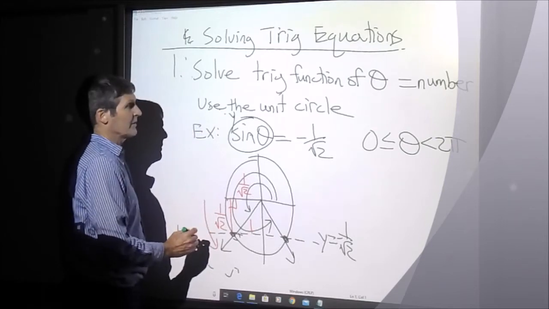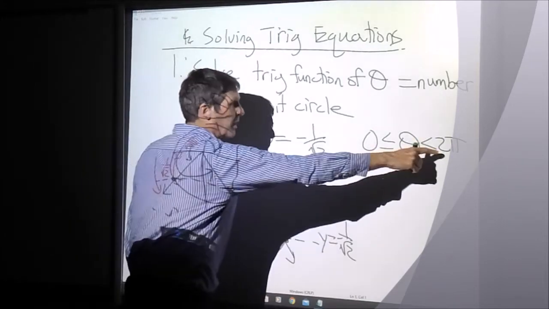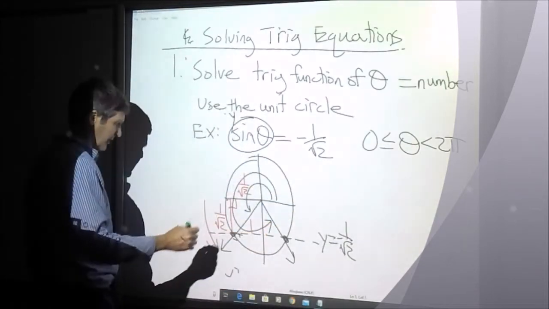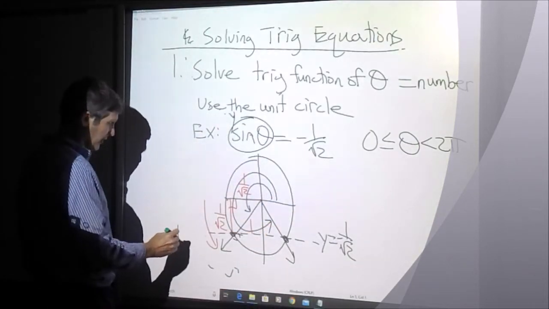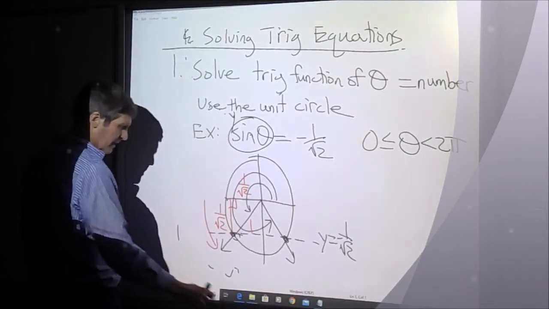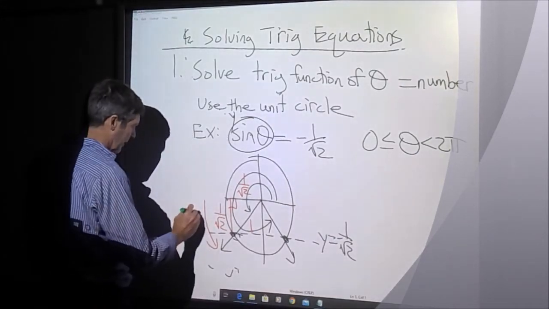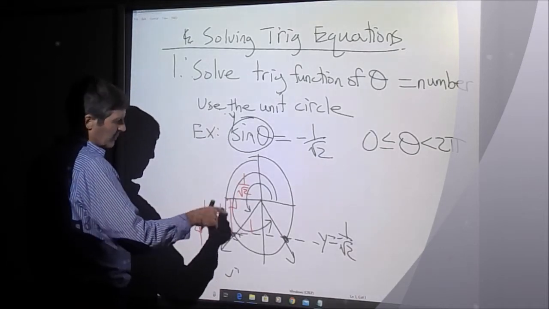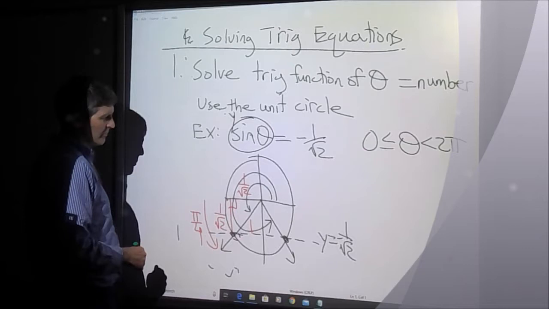So here it is. If I put 0 to 2 pi, that means I want you to use radians. If I say 0 to 360, that means I want you to use degrees. So this one I'll put in radians and say this must be pi over 4, because it's a 1 over square root 2, 1 over square root 2, 1 triangle.